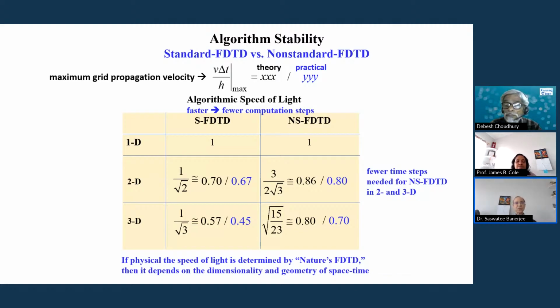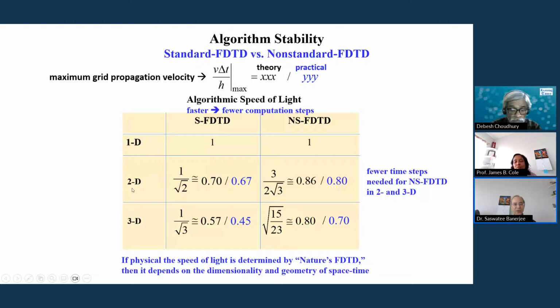So here are the speed limits. In FDTD, there is an algorithmic speed of light, and there is a speed limit. In 1 dimension, the speed limit is 1. The speed of light in your algorithm is 1. This means that the light can travel 1 space step in 1 time step.